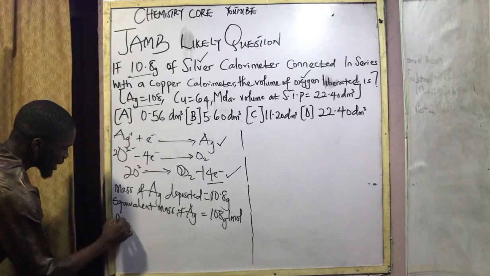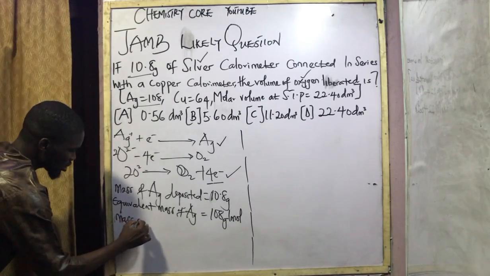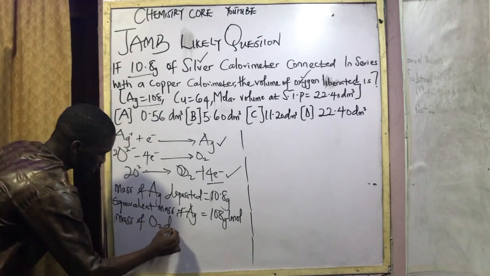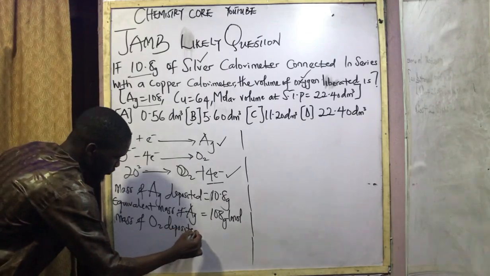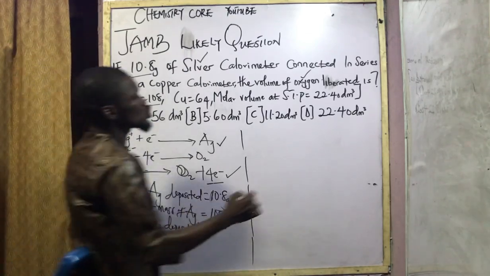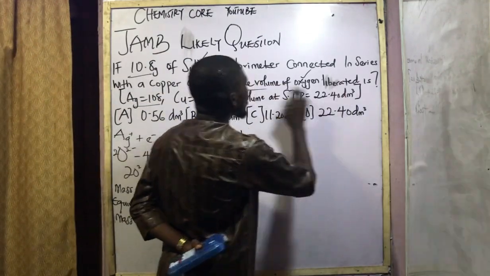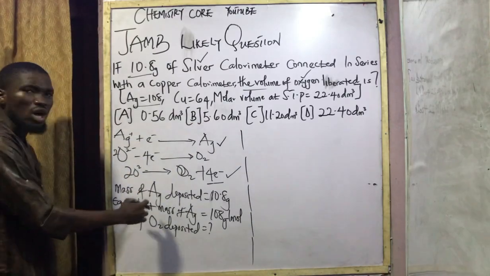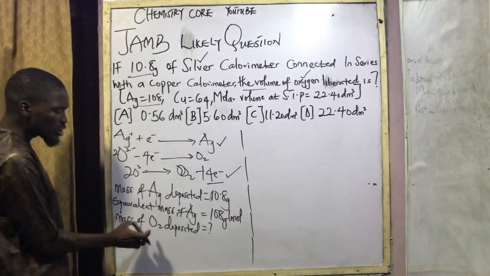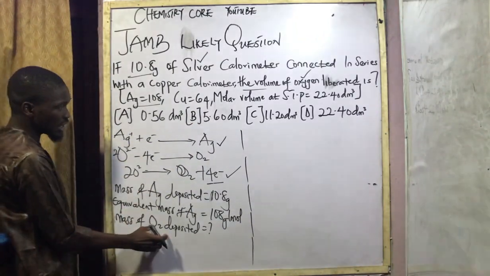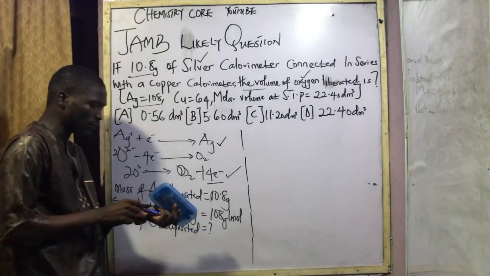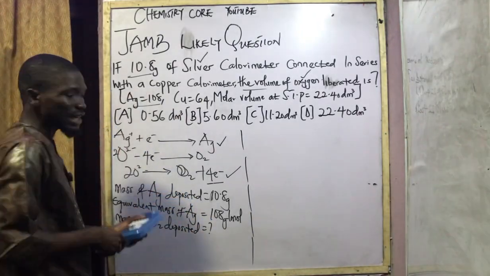And the next one, mass of oxygen deposited, is what we are asked to calculate. We don't know the mass of oxygen deposited here, and without knowing it, you can't calculate the volume of oxygen liberated.